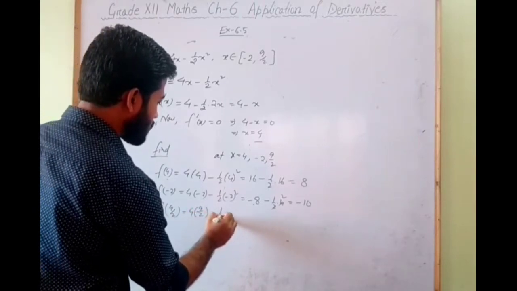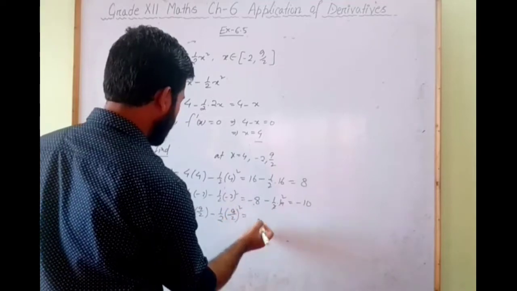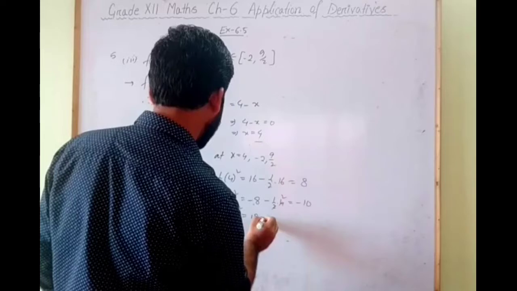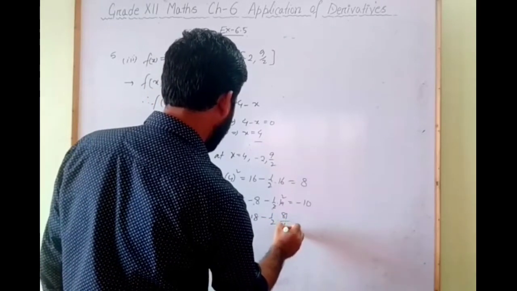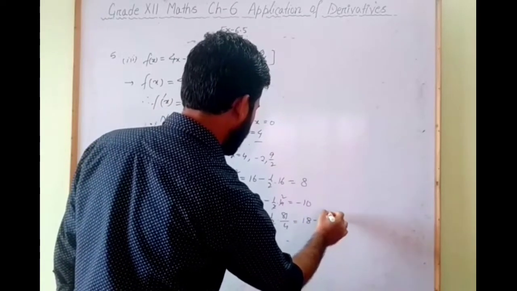And for f of 9/2 we shall have 4 into 9/2 minus 1/2 into 9/2 whole square, so this will be 18, and here it will be 1/2 into 81/4, so this will be 18 minus 81/8.